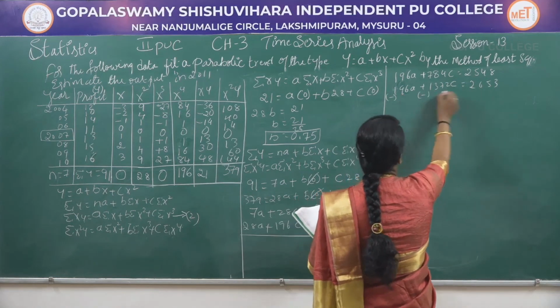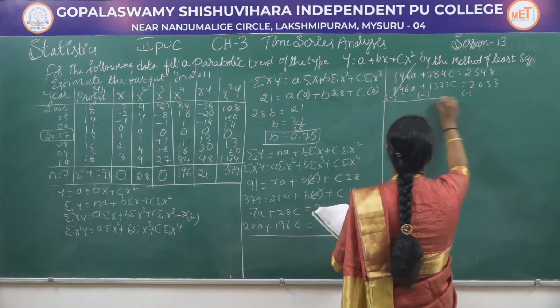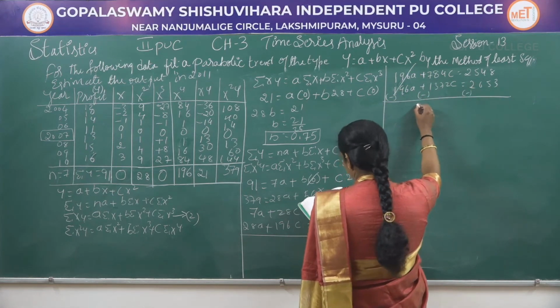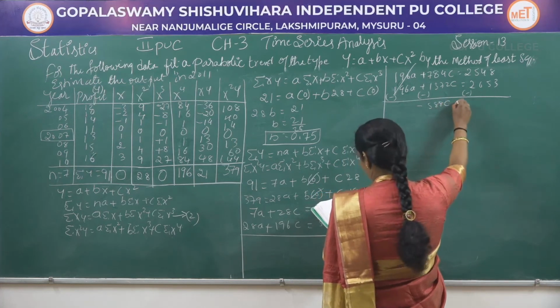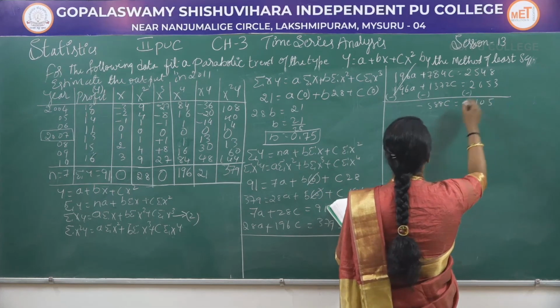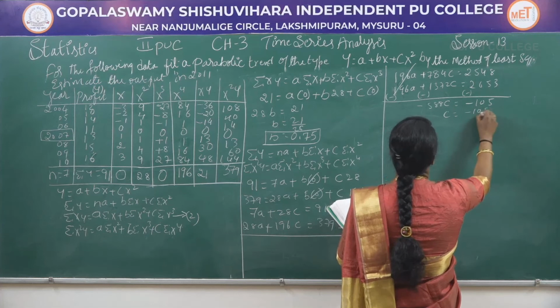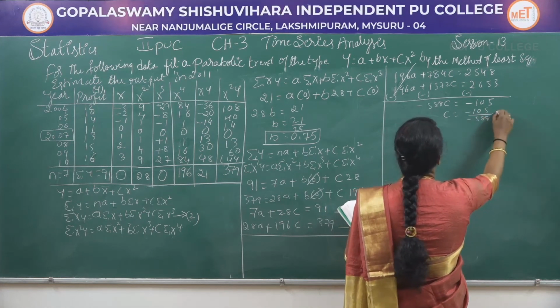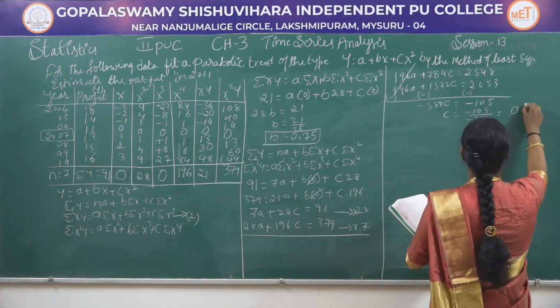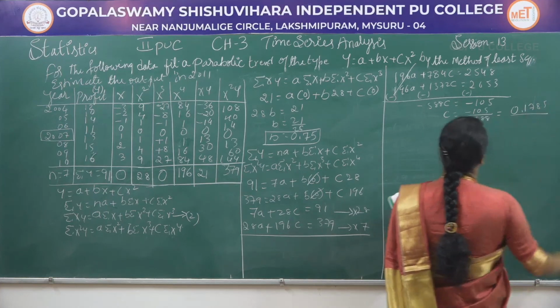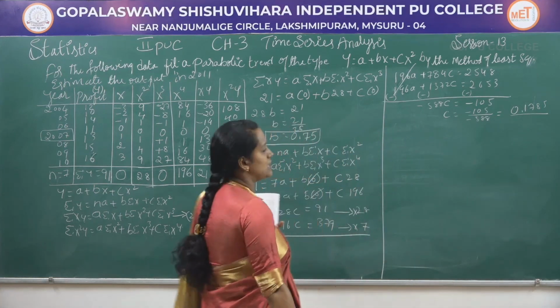Change the sign, then this will get cancelled and here this is minus 588c is equal to minus 105. C is equal to minus 105 by minus 588 and this C value is 0.1785. So we have calculated the C value.